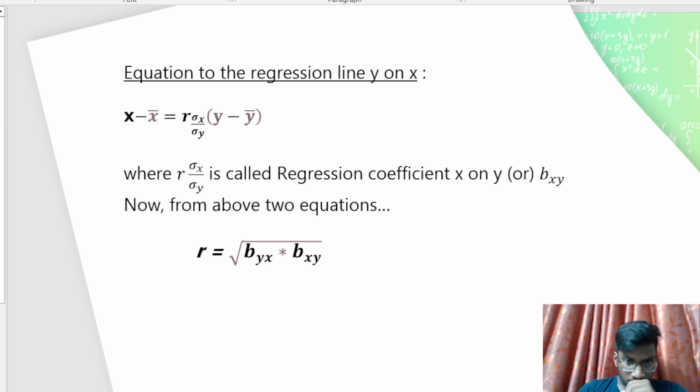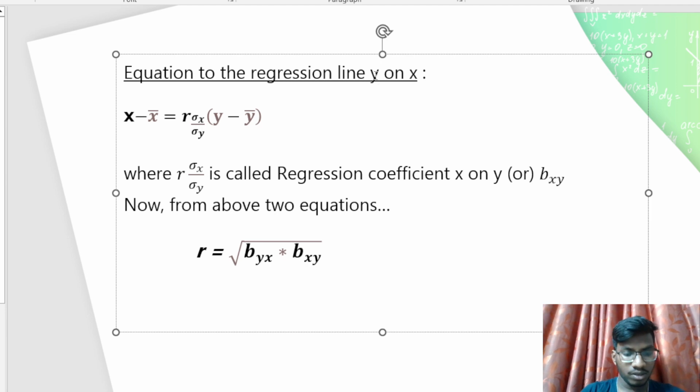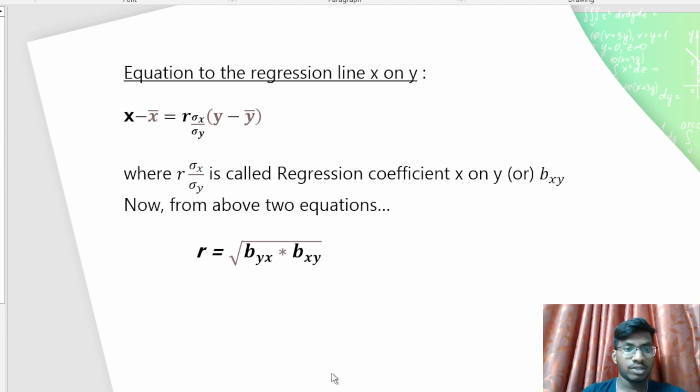Here you can see the regression equation for the line x on y. It is given by x minus x bar equals r into sigma x by sigma y into y minus y bar.